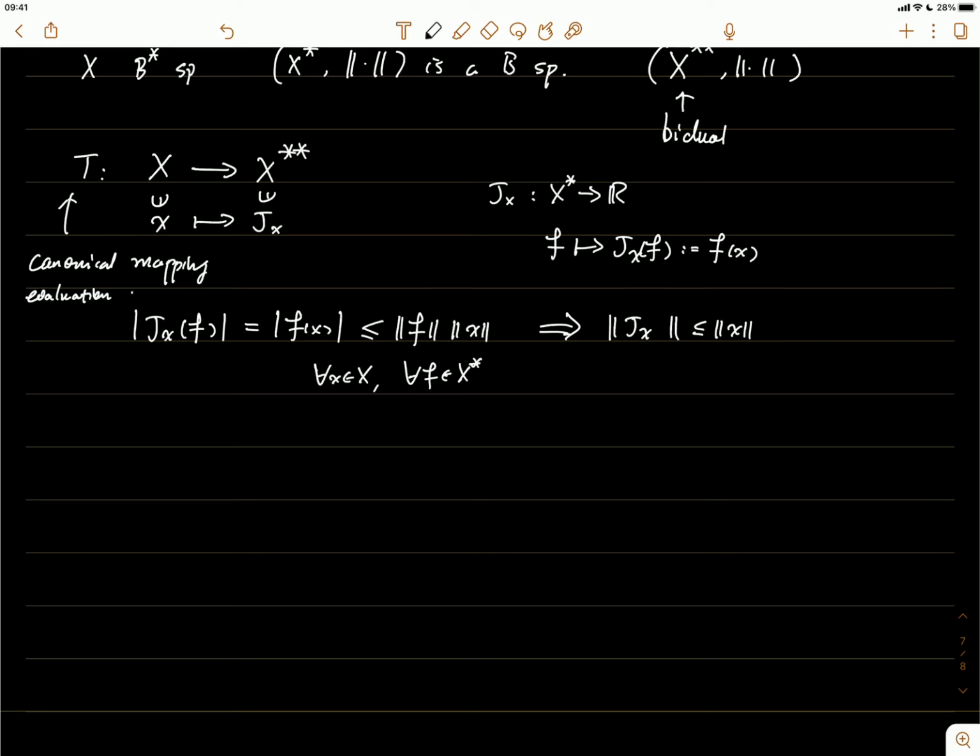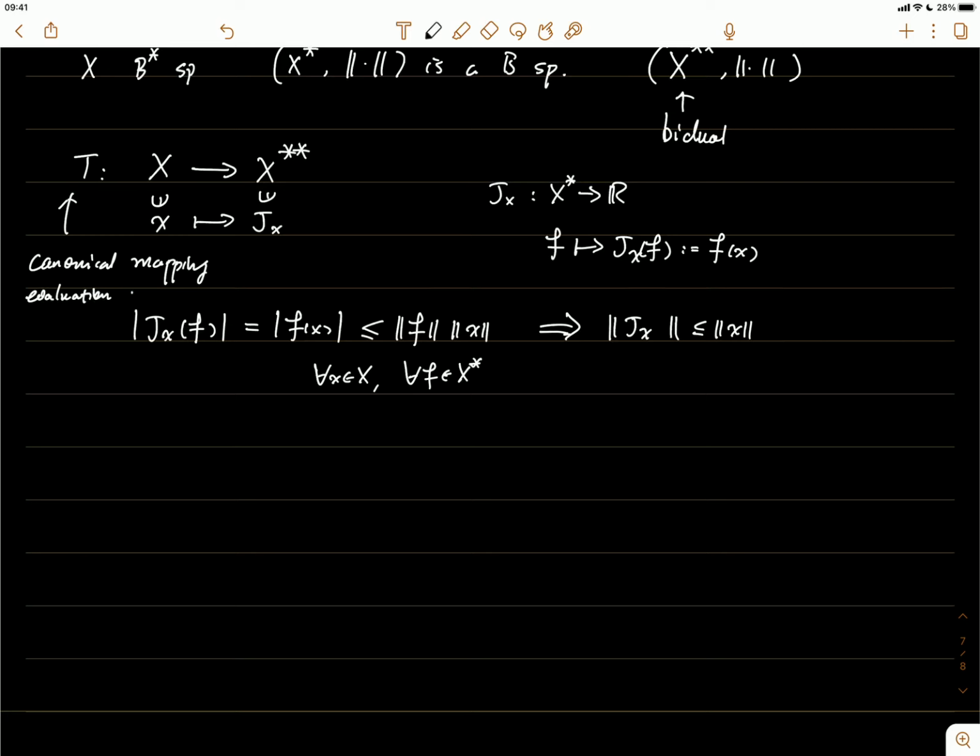The reason is, we just need to verify that T of alpha x plus beta y, where x and y are from the space X and alpha and beta are any real numbers, is equal to alpha times Tx plus beta times Ty. That's what we want to show, that it is linear.